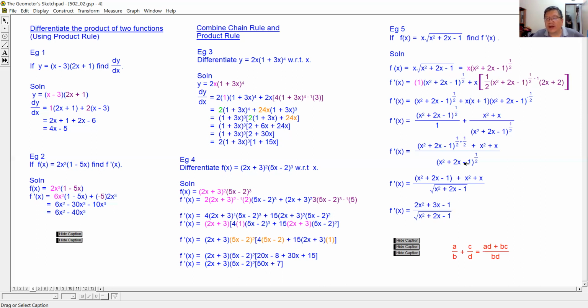The square root at the bottom you can change back to square root. Afterwards, when we do differentiation of square root, we are going to use something like this again. It may be slightly different if it appears at the denominator, but if it appears at the numerator, then it will be the same. So you just need to remember this.